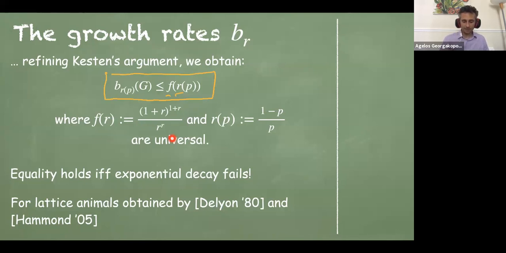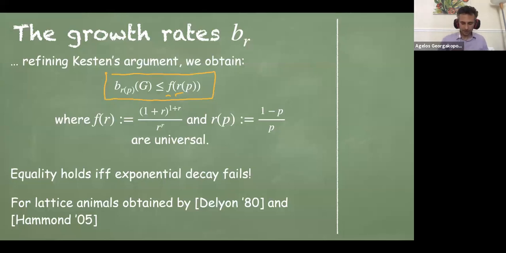I'm giving them to you right here. We will see a picture in the next slide. Moreover, we have this inequality here, and it becomes equality if and only if, for the particular value of p we're looking at, we have no exponential decay.